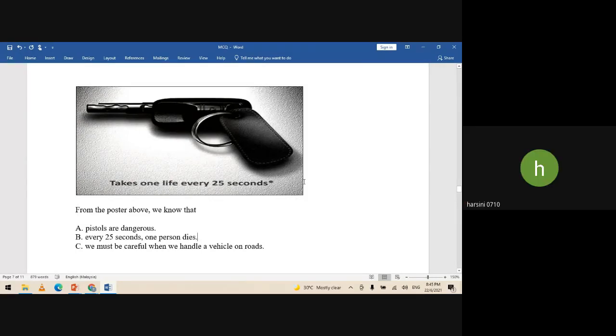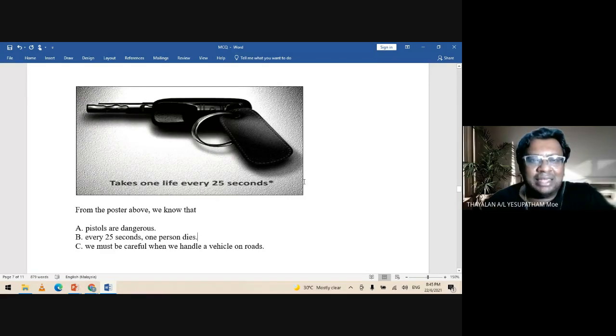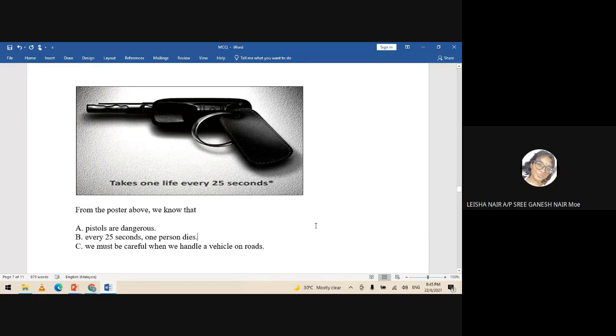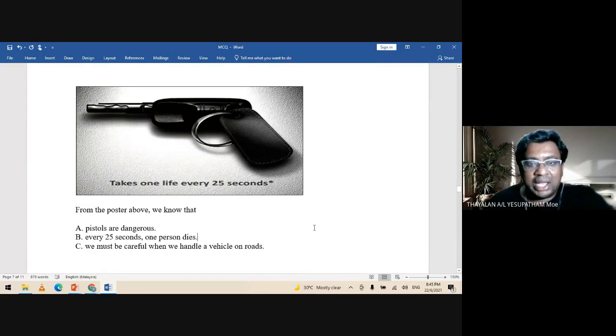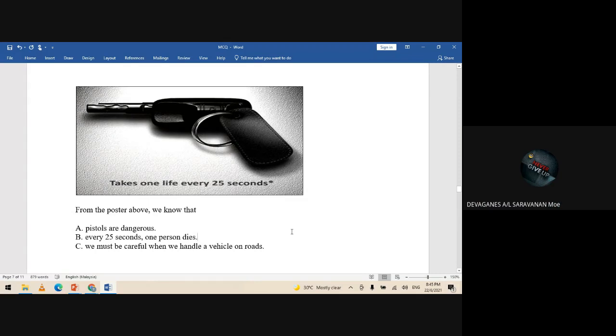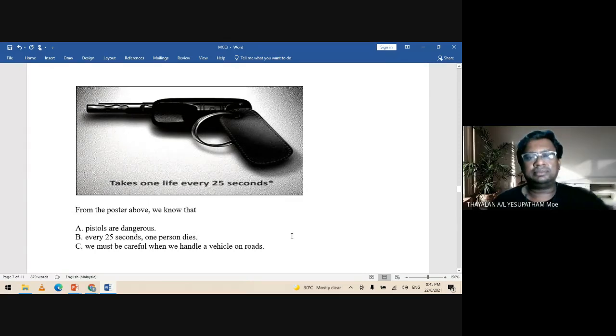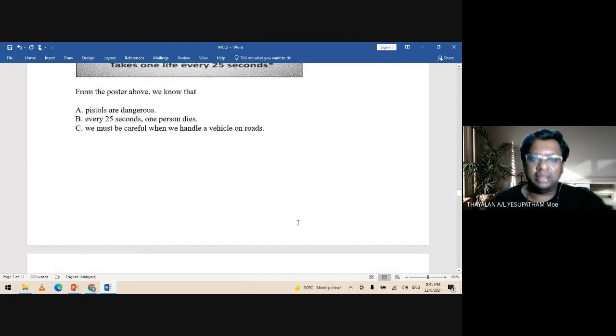That is a car key. That is not a pistol, that's a car key. Now, what is the answer? C. This is why you need to be very particular and very, very careful with the detailing of the material. The answer is C. Okay, very good.